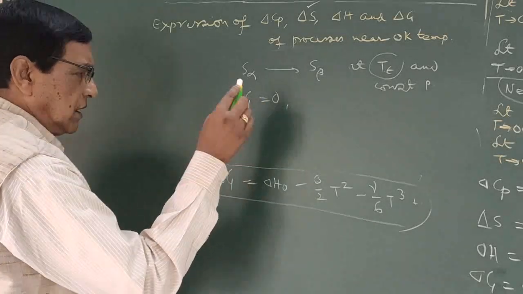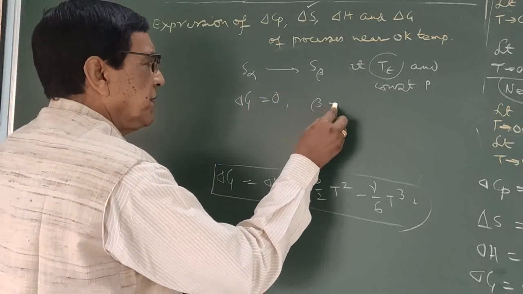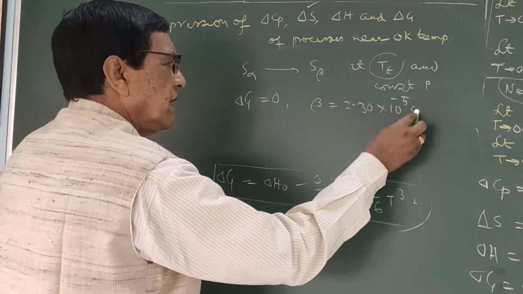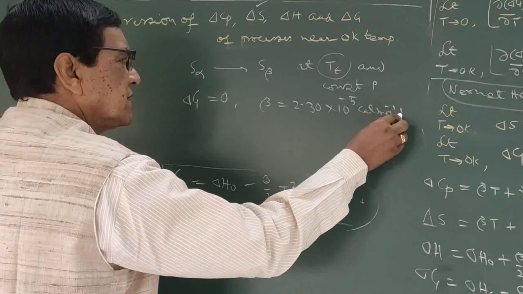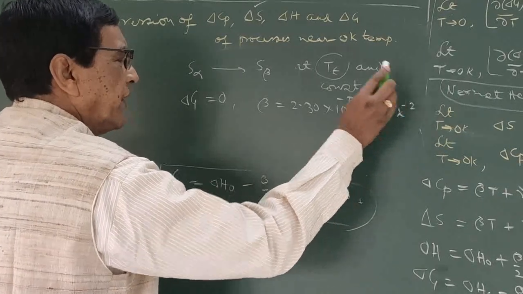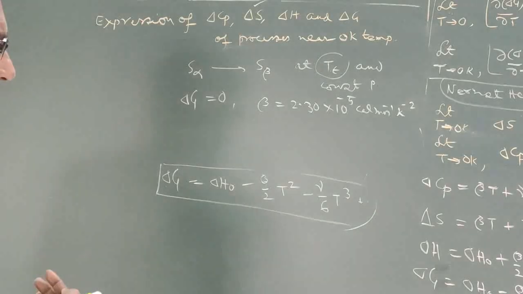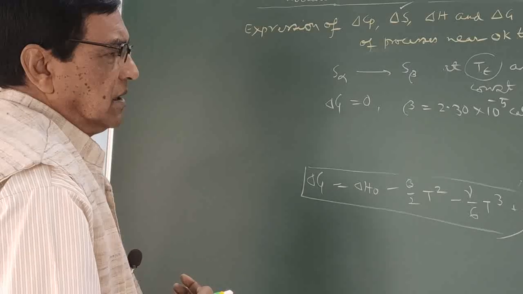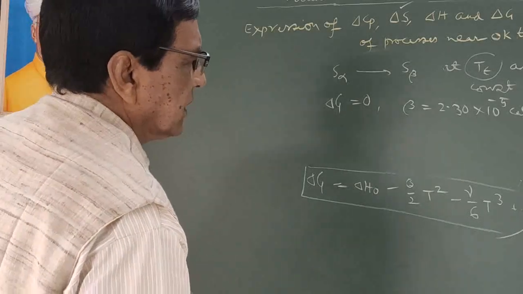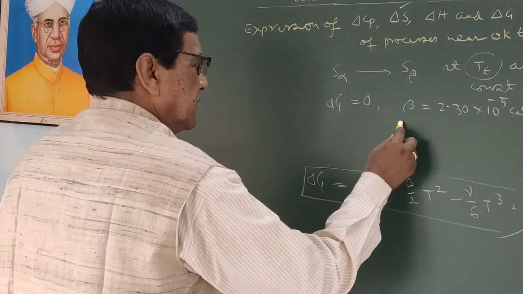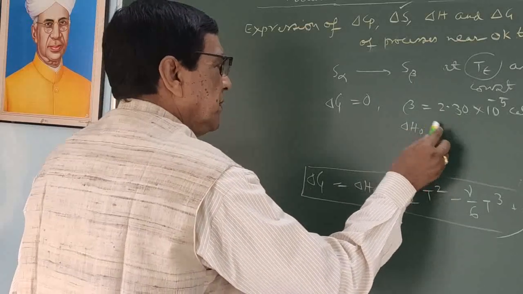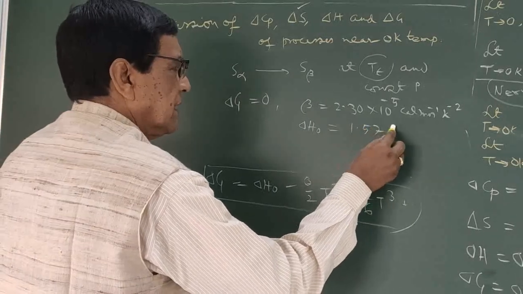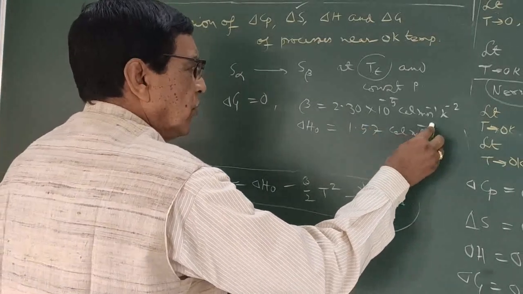Let us consider beta equal to 2.30 into 10 to the power minus 5 calorie mole inverse Kelvin inverse square, and say delta H is determined for this process equal to 1.57 calorie mole inverse.